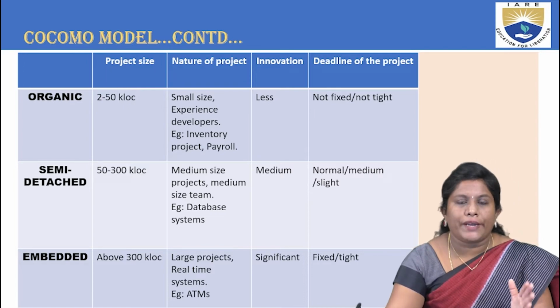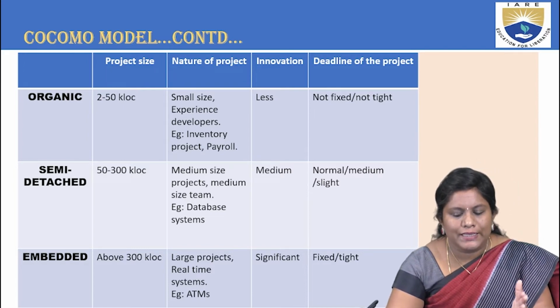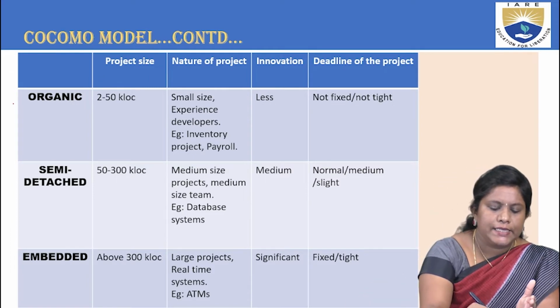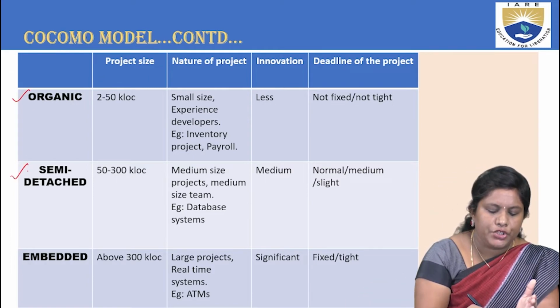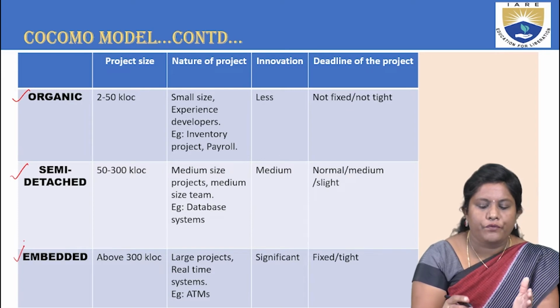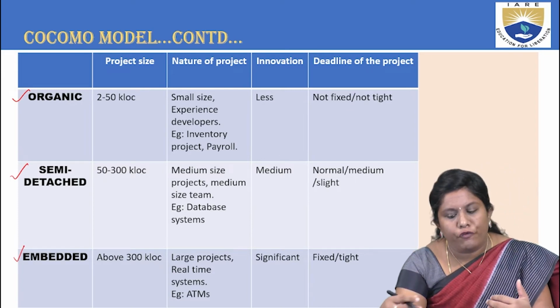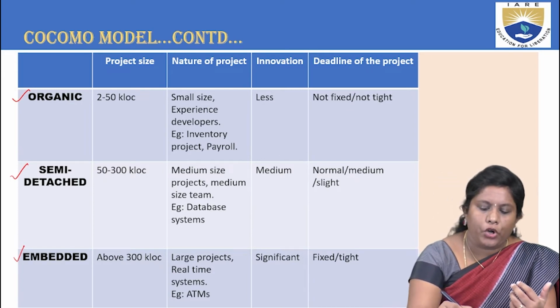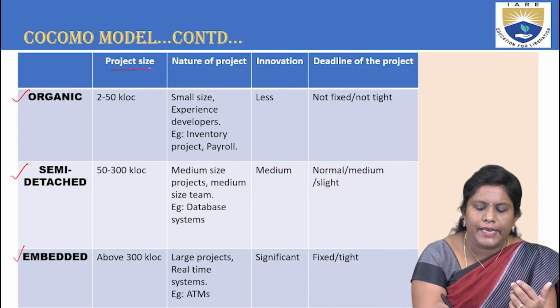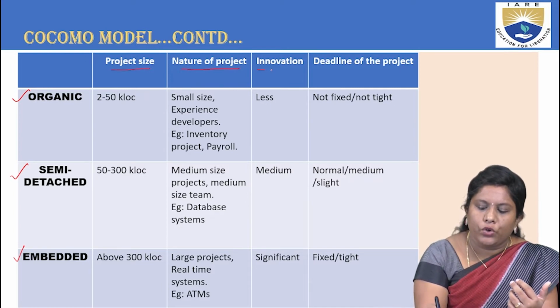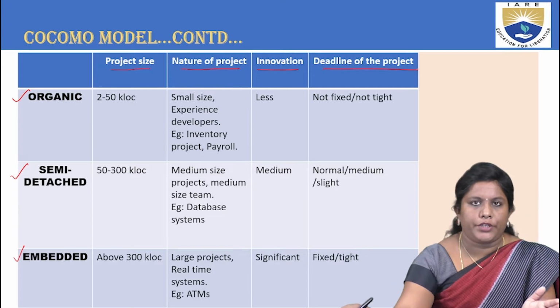You can look at the diagram, which shows the three classes on the left side: organic, semi-detached, and embedded. You are focusing these three classes on four parameters: the project size, the nature of the project, the innovation, and the deadline of the project.